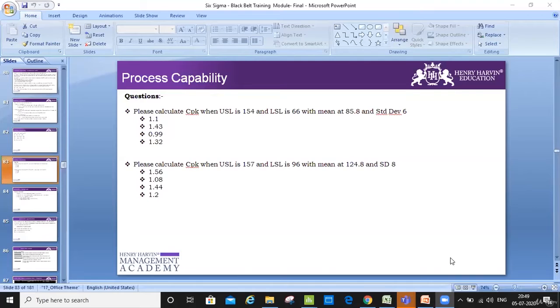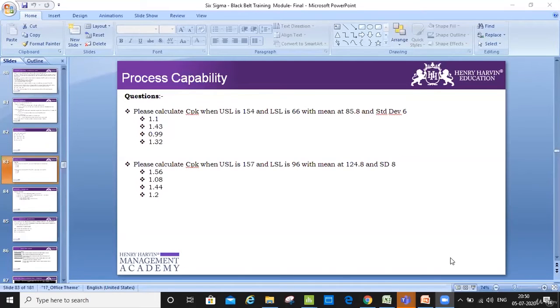With the RANDBETWEEN function, it will not be normally distributed, but using the Data Analysis tool we can generate random numbers which are normally distributed. In that case nearly 60 to 70% of the numbers would be around the mean. So in that case CP and CPK would improve. We have to try that.